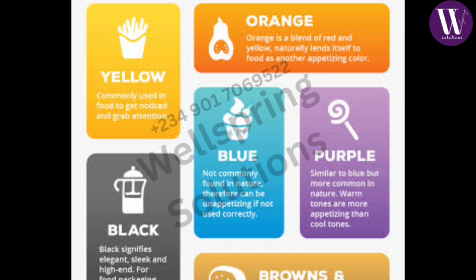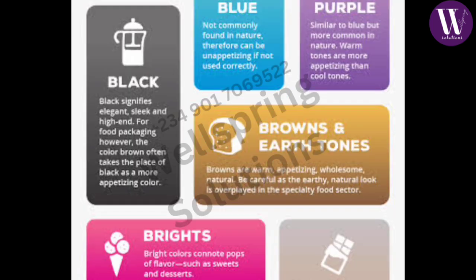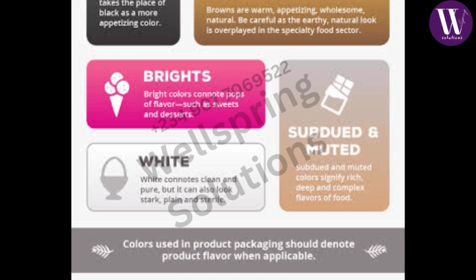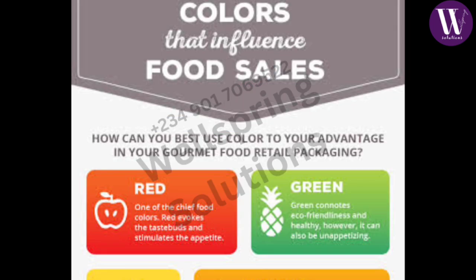For instance, when you want to make colors for food flyers, you need to use the colors that invoke appetite. Colors that invoke appetite are natural colors or colors that invoke taste. Examples of that are red, orange, and green.